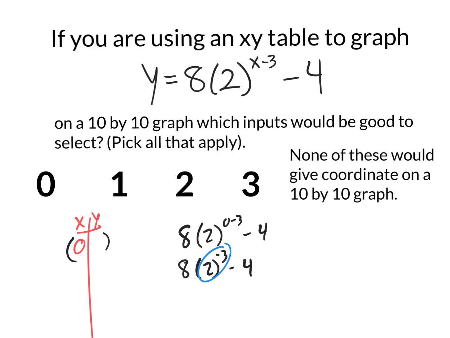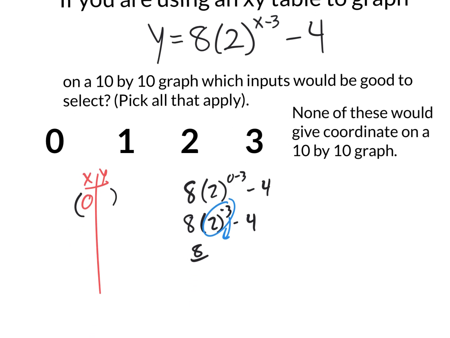And this 2 to the negative 3, you move it to the other side, and the 8 stays on top, and on the bottom you now have 2 to the positive 3. This is one way of doing it. And then you have a minus 4 at the very end. And what is 2 to the positive 3? It's 8. So you have 8 divided by 8, which is 1. And 1 minus 4 is negative 3. So by plugging in 0, you get out a negative 3. So that is definitely a good option. That's a point on the 10 by 10 graph.